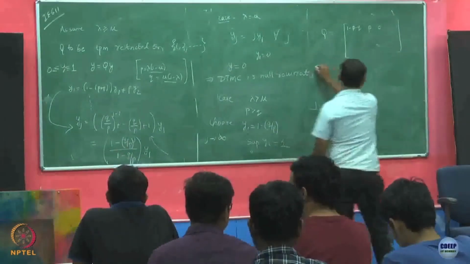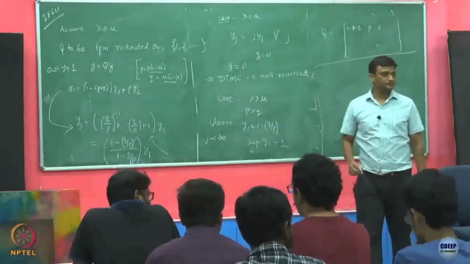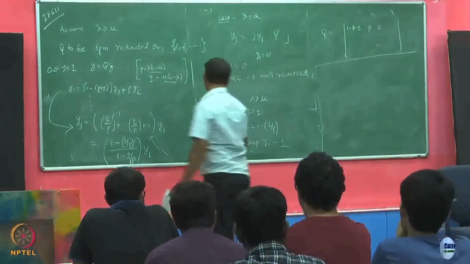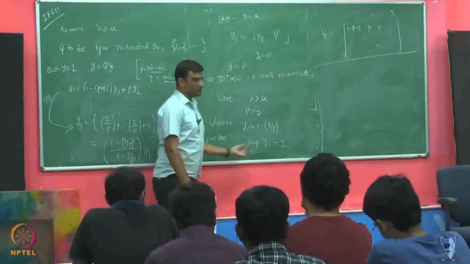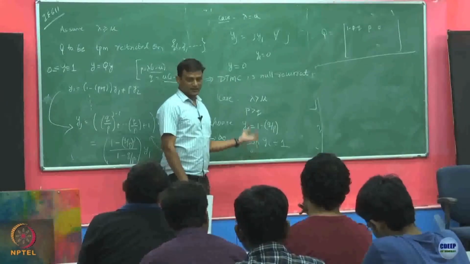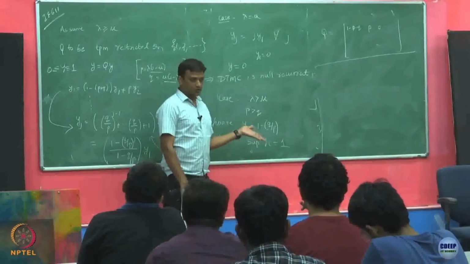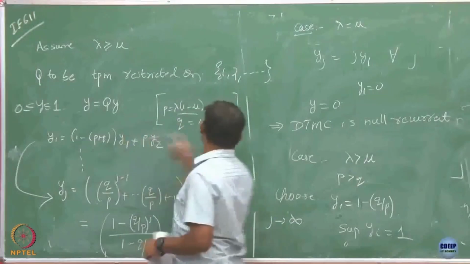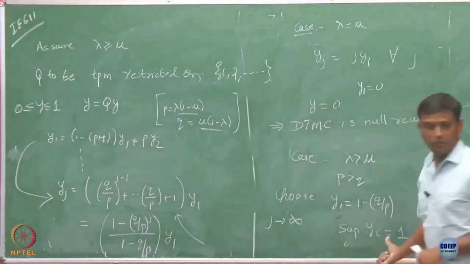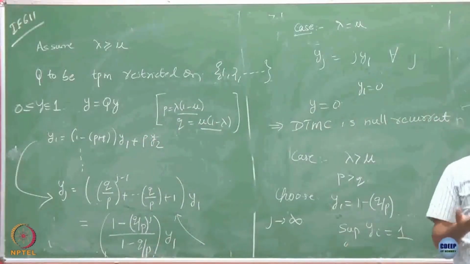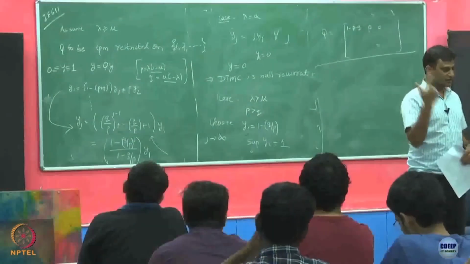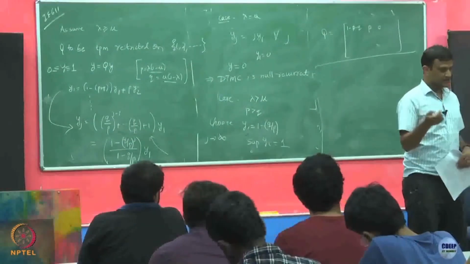Okay, in summary, yes, that is what we said, right? In this case, we have this y vector which is not 0, it is something positive here. Now we know that if the solution to this is not 0, then it is transient.